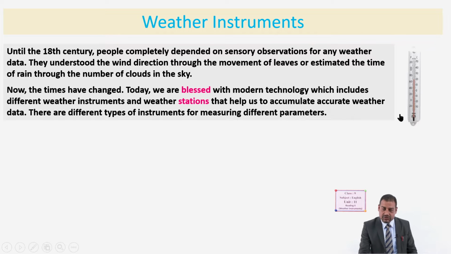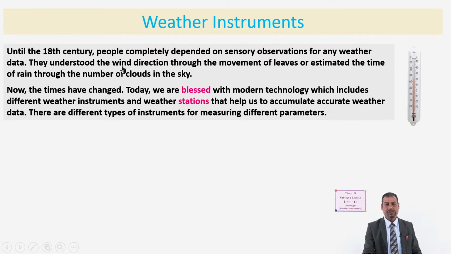Okay. Dear students, first of all I want to read this paragraph as a model reading, and the rest of the paragraphs you have to read yourself and find out the information. Now listen to me very carefully. Until the 18th century, people completely depended on sensory observations for any weather data.